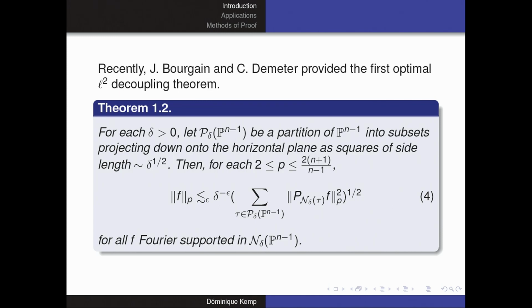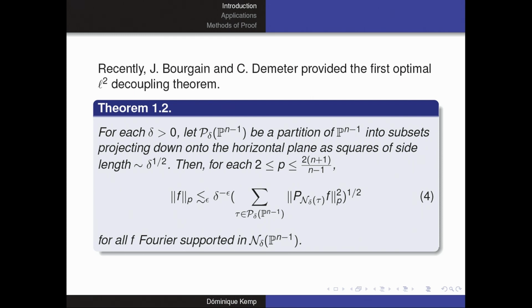And very recently, in 2014, Jean Bourgain and Ciprian Demeter provided L2 decoupling for the full range of p for the cone, but even more essentially for the paraboloid. So their proof started with the parabola, and from there were all sorts of surfaces that they were able to immediately derive optimal results for, including the n-dimensional cone, so 2, 3, and higher dimensions for the cone.